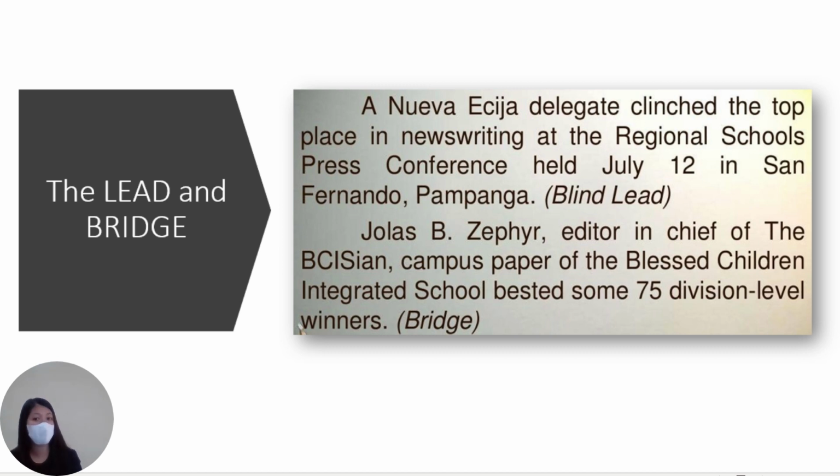So the name Jolas B. Zafir is not as important as him being a delegate coming from Nueva Ecija. Since the name is not well known in the community, he is not a well known person in the community, this becomes part of the bridge. His name becomes part of the bridge.